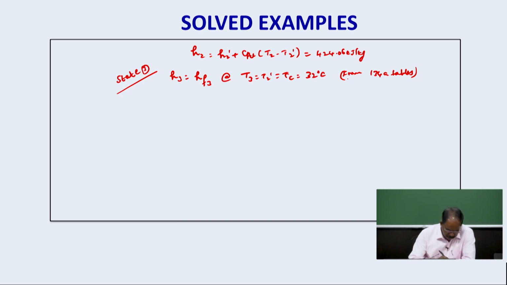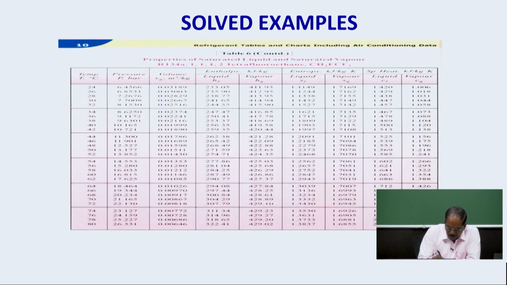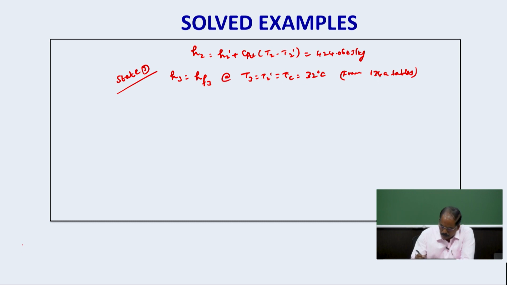Let us go back to the table. This is 32 degree centigrade, and the enthalpy of liquid is this one, 244.55, the same value we took for the previous two numerical questions. So H3 is equal to 244.55 kilojoule per kg, which is equal to H4.